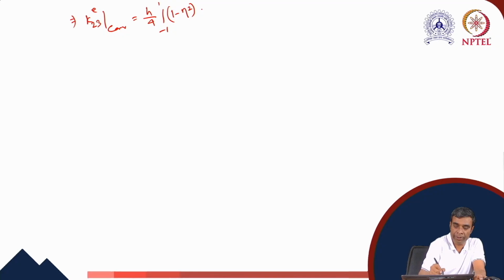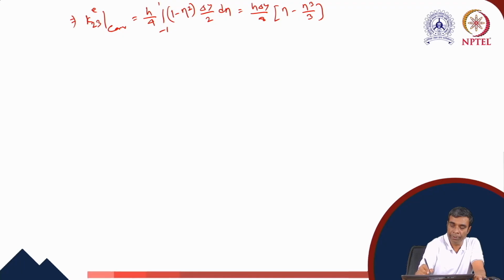Determinant of Jacobian is delta y by 2 into d eta, equals H delta y by 8. Then we have eta minus eta cube by 3. This gives us H delta y by 8 from -1 to 1.